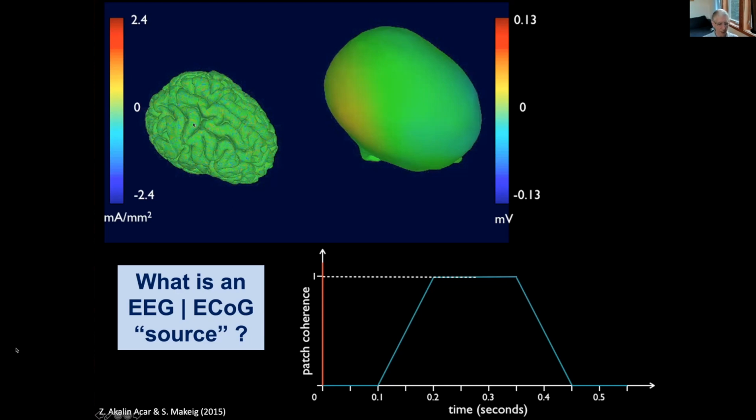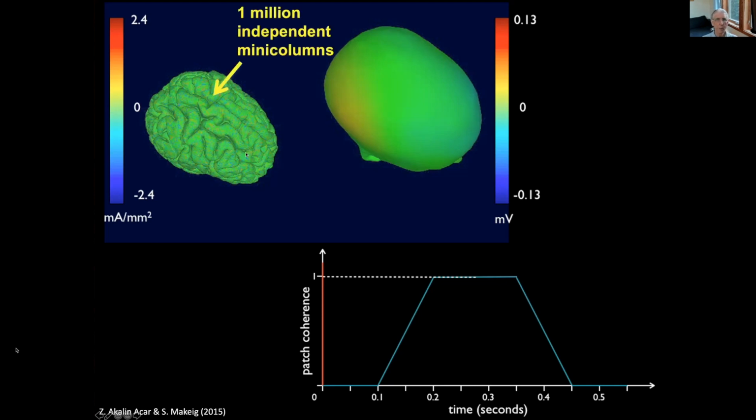I asked her to divide cortex, their cortical surface model, into 1 million independent elements, about the size of a mini column, 100 microns or so in diameter. So you think of it as 100 field potential in 1 million mini columns of cortex in simulation.